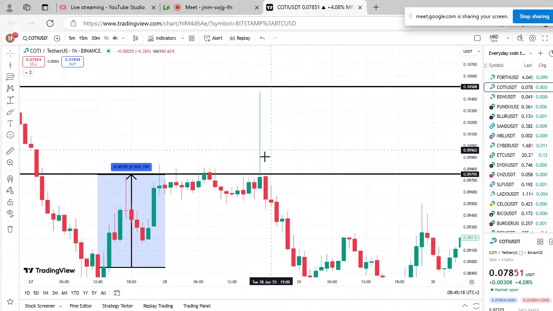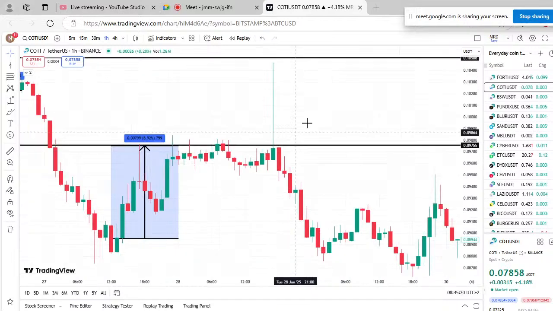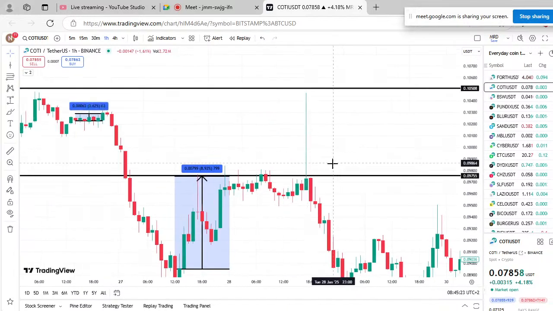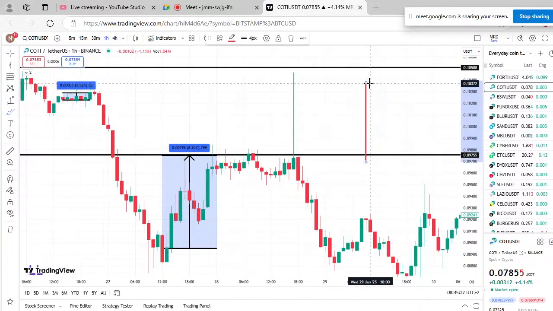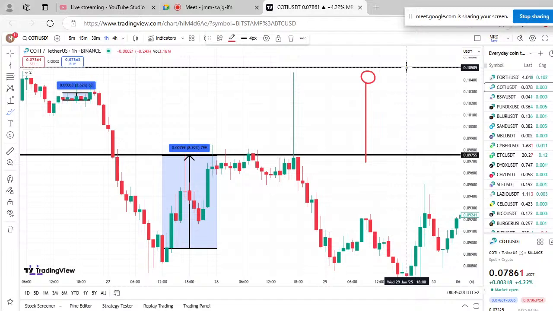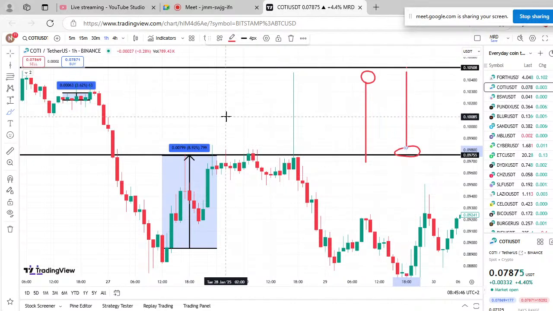So you could not expect any increase in the market after this being formed. The same way, if it happens like this, meaning the buyers are taking over. If it is like this, meaning the sellers are taking over.